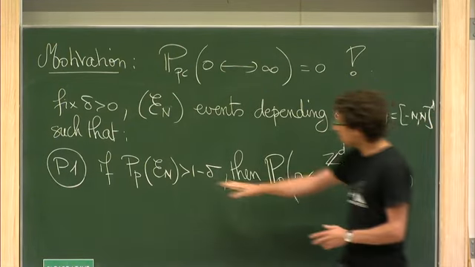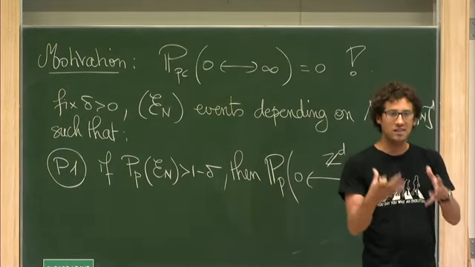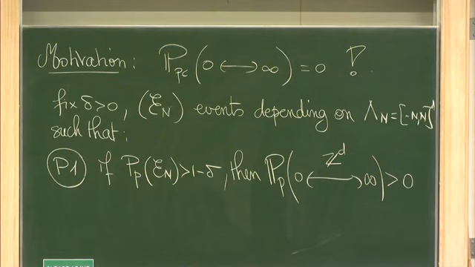So somehow En is a witness, a finite size criterion for percolation. If the probability of this thing is big enough, then I don't need to look at larger scales, I know already that I will have an infinite cluster.